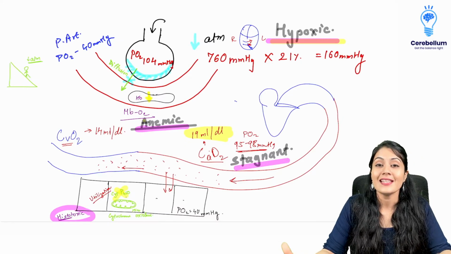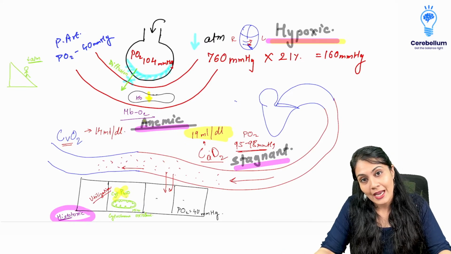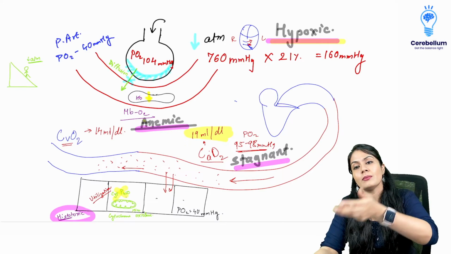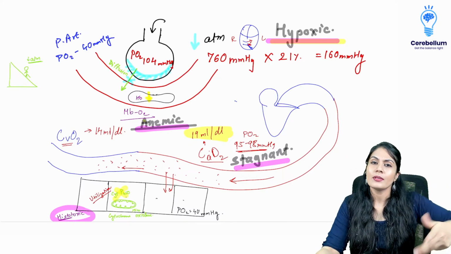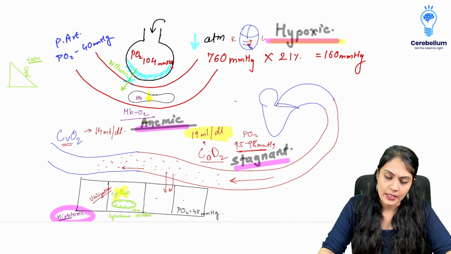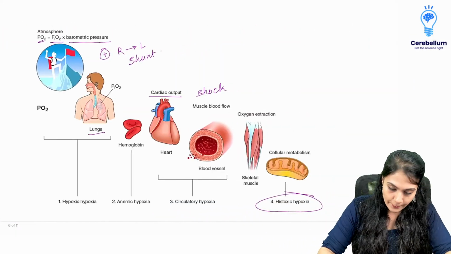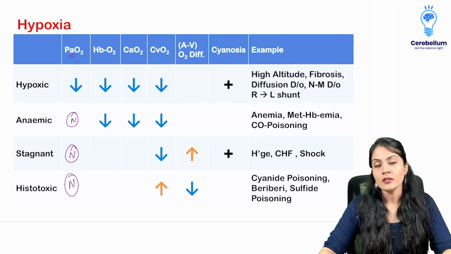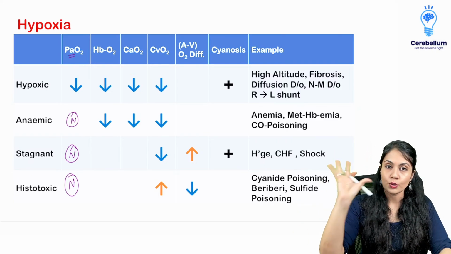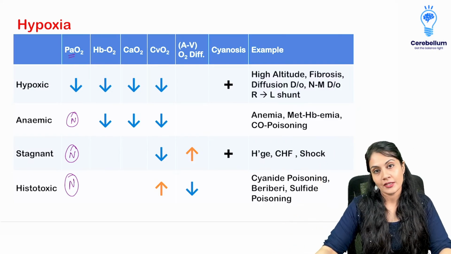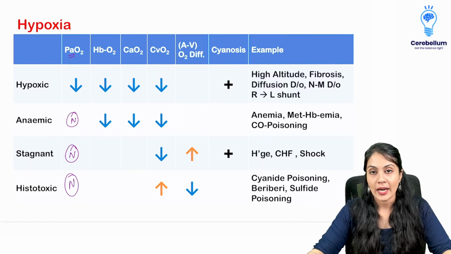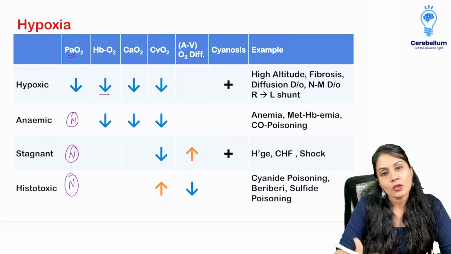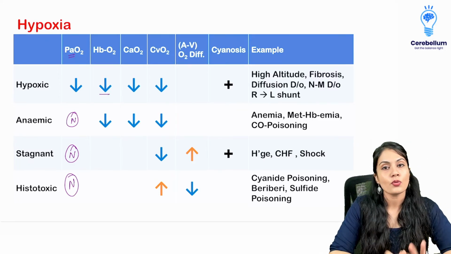Of course, if lesser oxygen is coming towards the pulmonary capillary, lesser will be the hemoglobin bound oxygen, lesser will be the CaO2, and lesser will be the CvO2. Everything is going to be lesser in case of hypoxic hypoxia, right? Why? Because the problem is there in the root cause, that is the atmosphere or the alveoli, which is actually providing us the oxygen. So of course the oxygenated hemoglobin or the hemoglobin bound oxygen is going to be lesser.